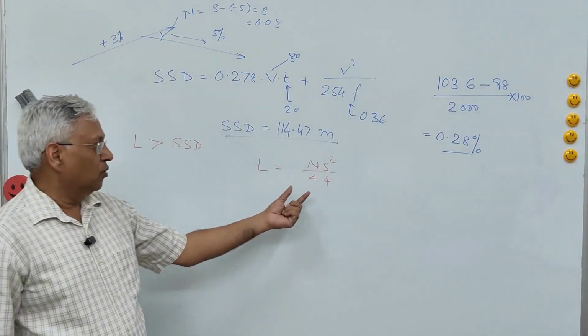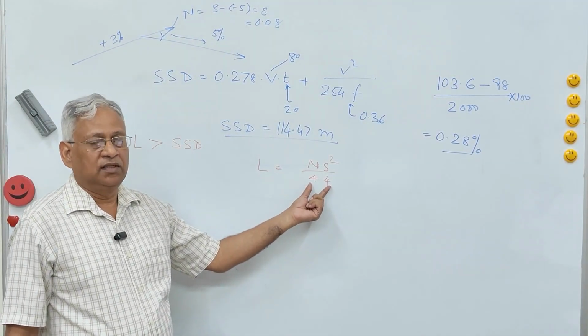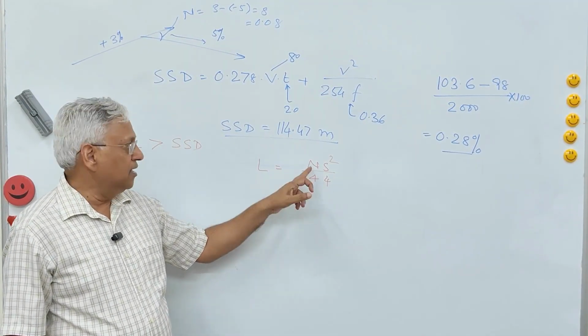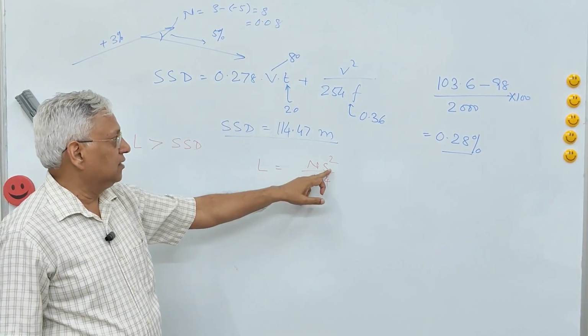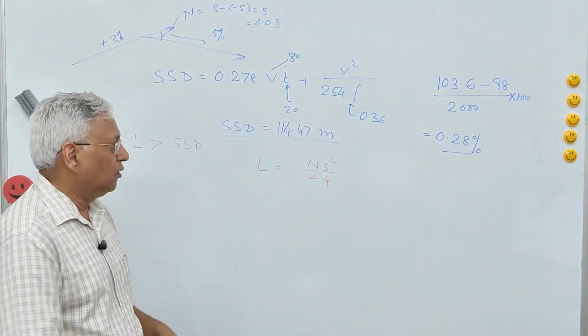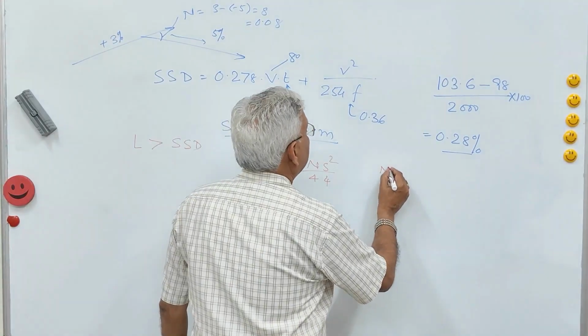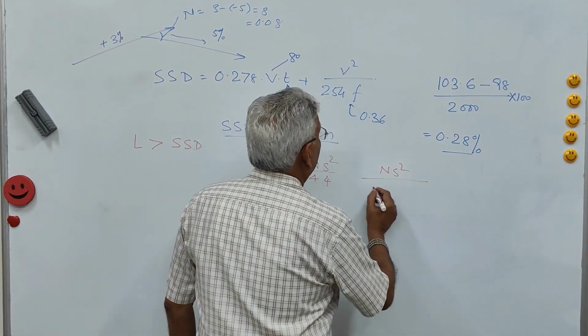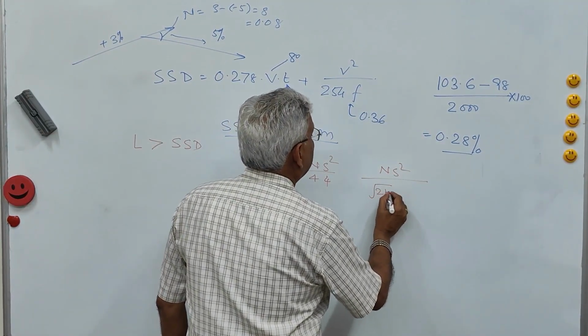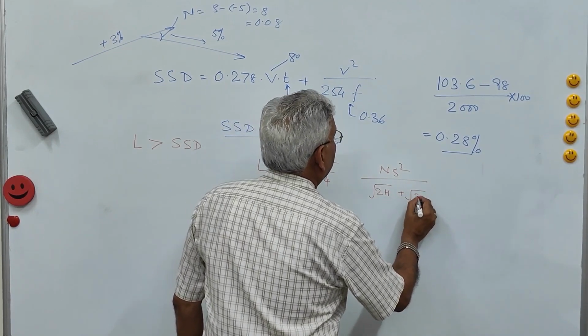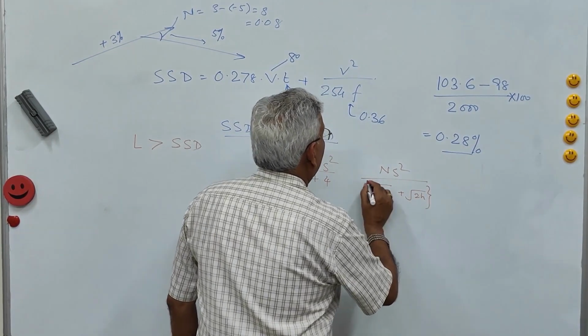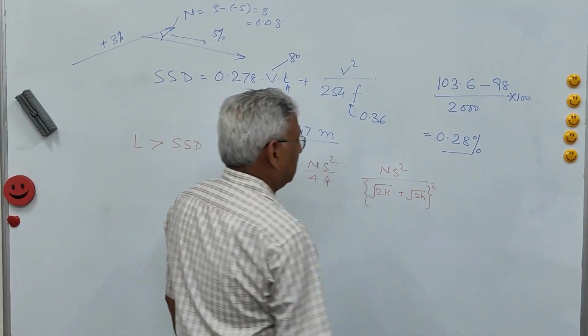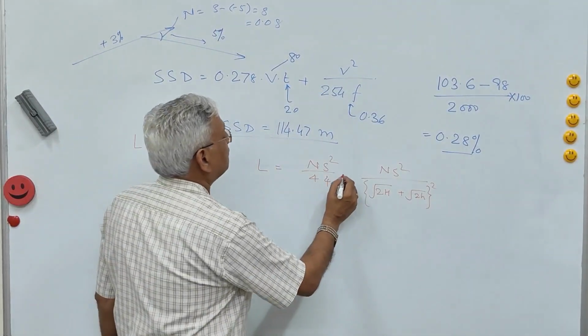Now here you should know from where this 4.4 is coming. N is 0.08, S is the stopping sight distance. Now the original equation is NS square upon square root of 2H plus square root of 2 small h, whole square. That is the original equation.